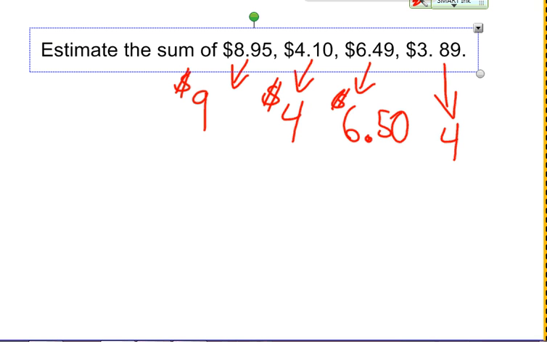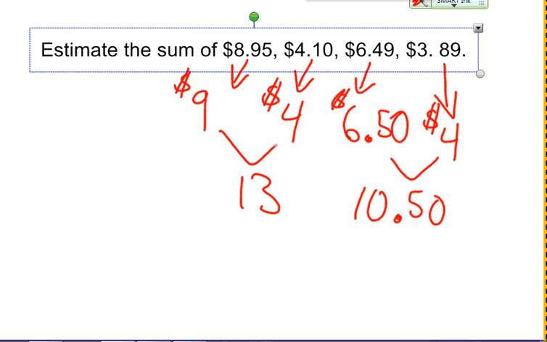And this one looks like I can round up. Now if I add these together, these two are going to give me 13, these two are going to give me $10.50, and then I can add these together and I'm going to get $23.50 when I add all of this together. Is that a reasonable estimate? Yes.